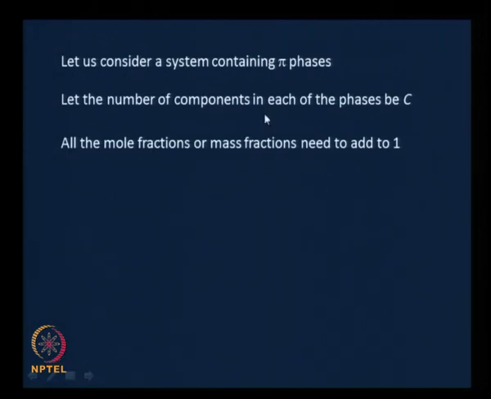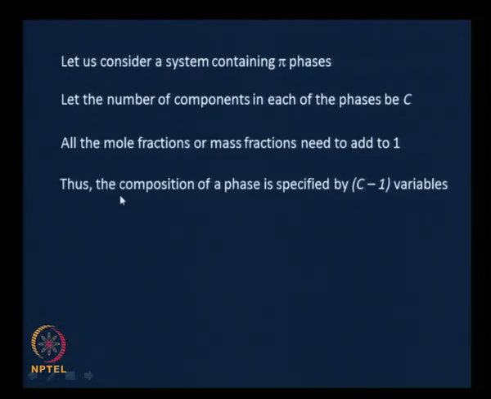If the number of components in each phase is C, we know that the mole fractions or the mass fractions need to add up to 1. For example, if the mole fraction is x1, x1 plus x2 plus x3 and so on till plus xn must equal 1. So, this automatically gives us a relationship to be satisfied between the concentrations of the C components in each phase.